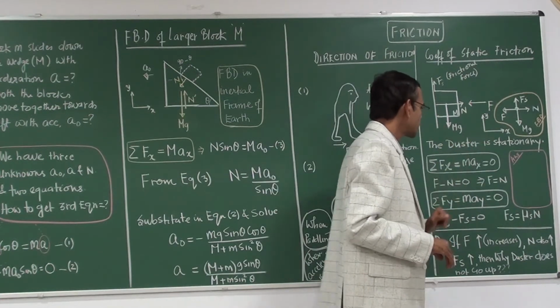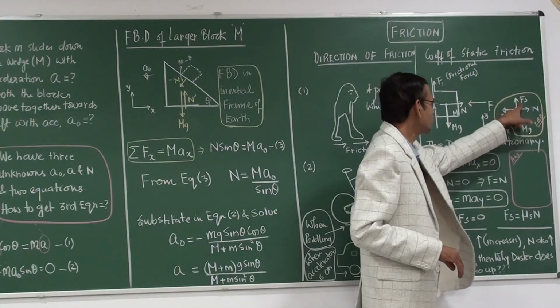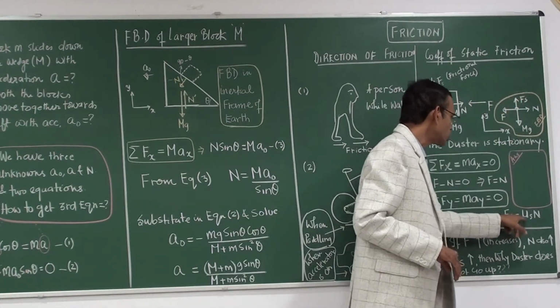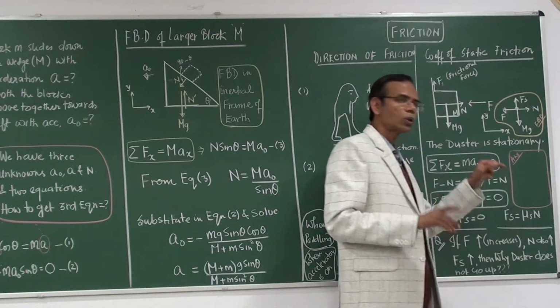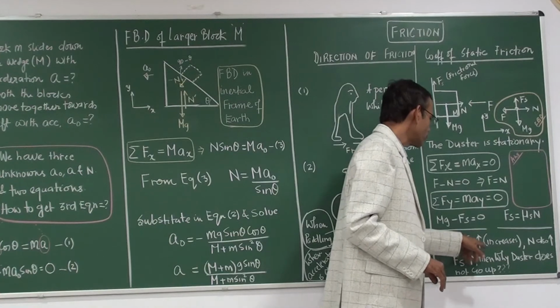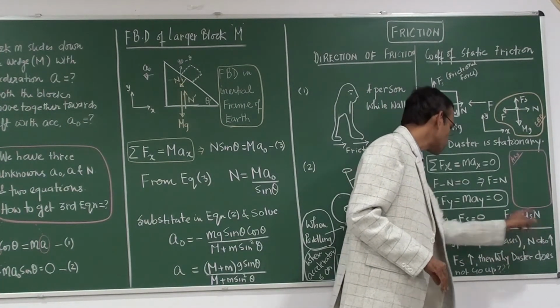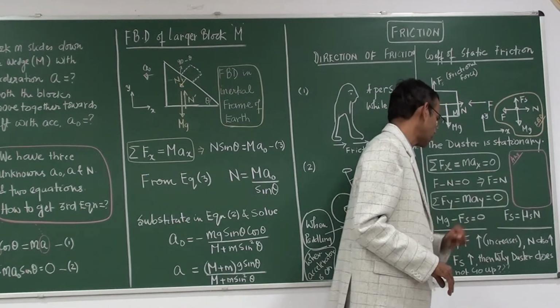Now, if the normal reaction increases, the static friction is mu s into N. So if N increases, Fs will also increase. So if F increases, N also increases, Fs also increases, because Fs is equal to mu s into N.